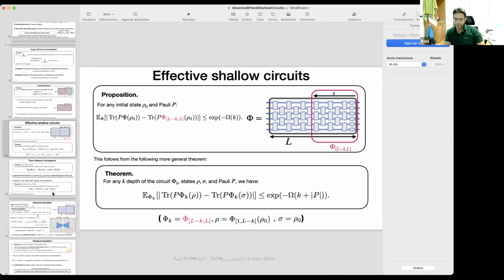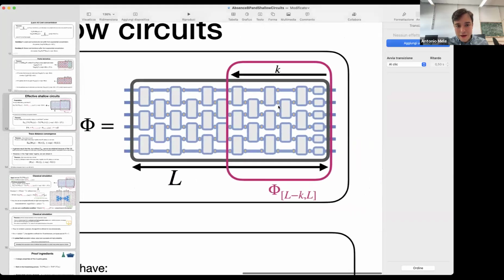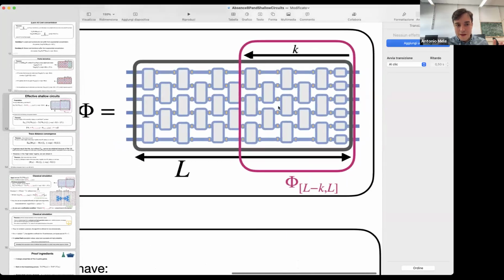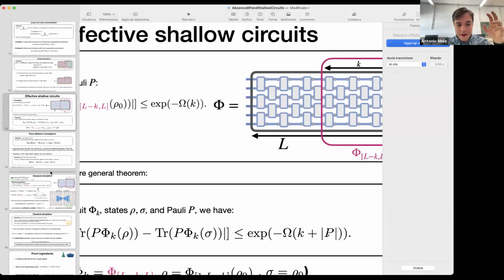Probably our analysis can be tweaked to take into account some kind of correlation of parameters, but in our proofs we assumed that the gates are independent from each other. So this chunk of the circuit is independent from this chunk. Our no-go result, the effective light cone picture, can be avoided if you introduce some kind of correlation.